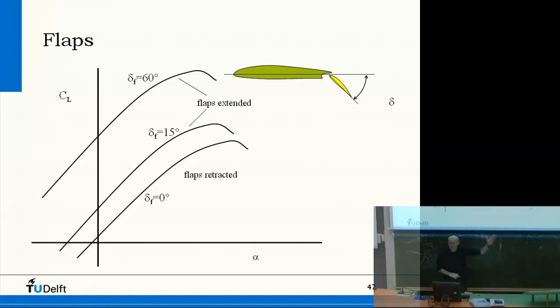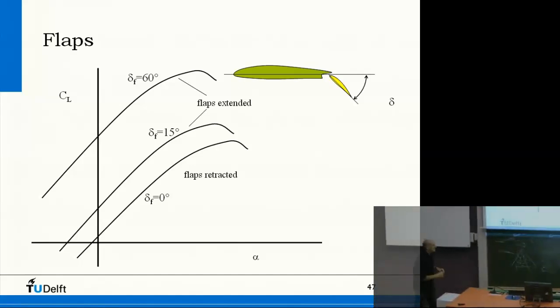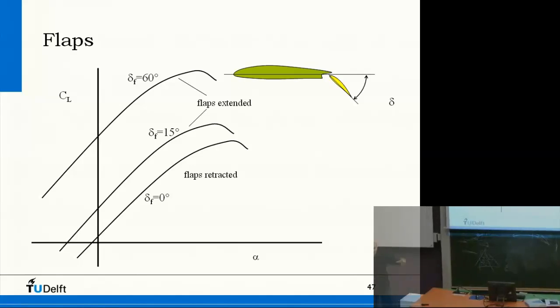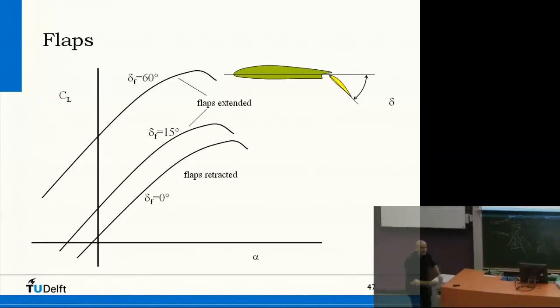And you will see that in the pressure distribution, because the pressure distribution is giving you this lift. I mean, this is the idea behind it, but the real thing is that the pressure distribution changes in such a way that the net result is an increasing lift force. So whenever you extend a flap, or you just have a flap deflection, in this case it's just some pivot point here, and you have a flap deflection, then the entire lift curve shifts towards a higher value.